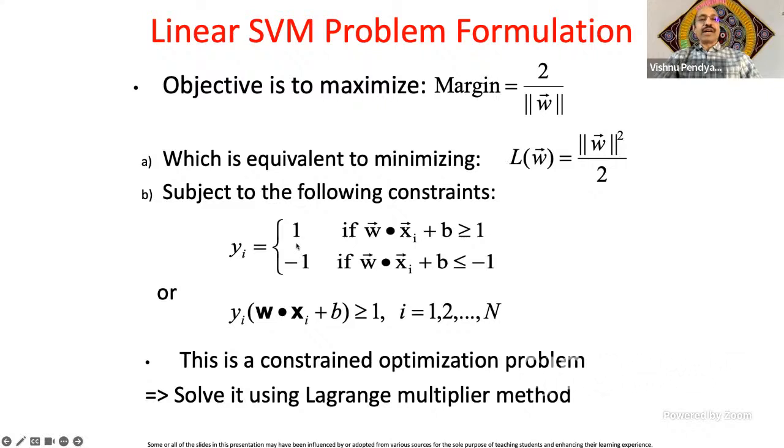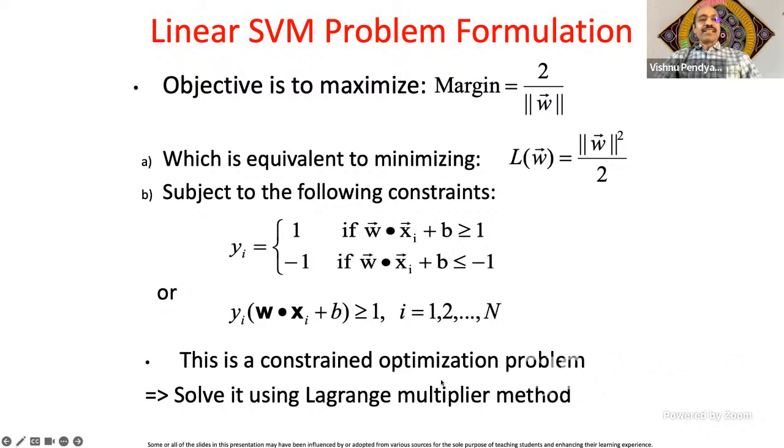When yi is equal to 1, yi times (wx plus b) is greater than or equal to 1. That is the first inequality. And when yi is equal to -1, you have the same inequality holding good, right? You multiply yi with wx plus b, and it is still greater than or equal to +1.